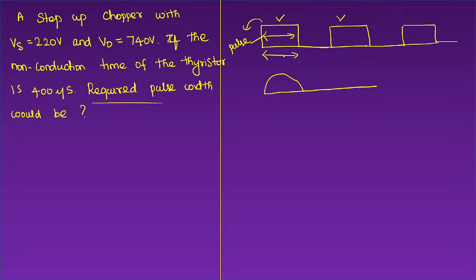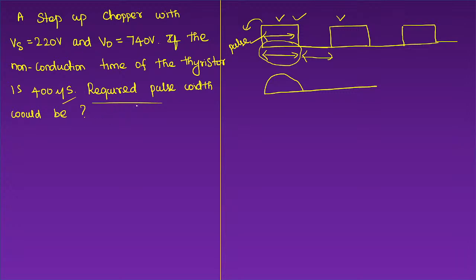Required pulse width means, Gita says, 943 microsecond. Very good. See, listen. Actually, here the pulse width means the on time of the thyristor. I have drawn everything clearly. Then this is going to be the off time of the thyristor. During the on time only will you receive something through the thyristor. If the non-conduction time of the thyristor is 400 microsecond, then what is the required pulse width?